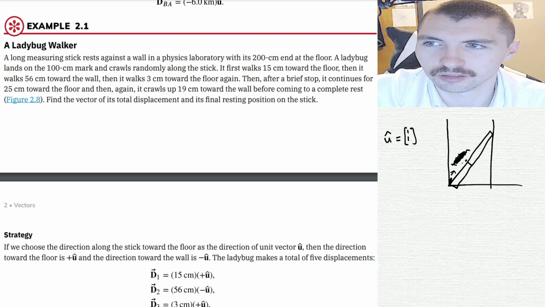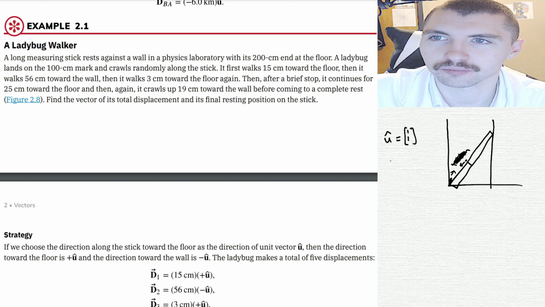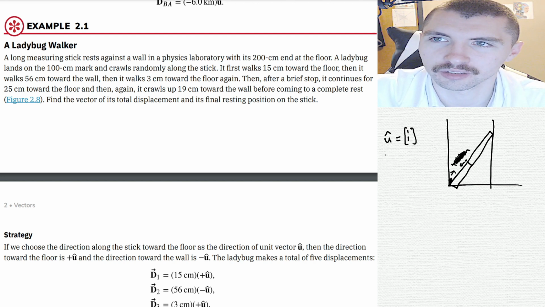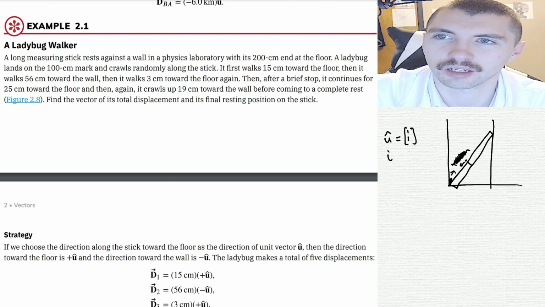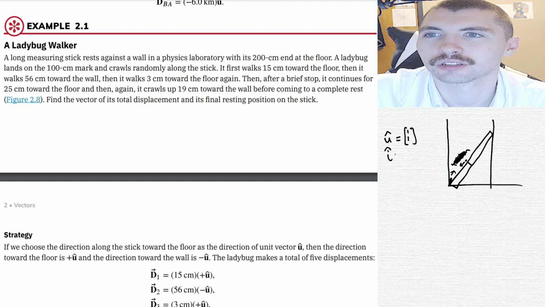So it's going this way towards the floor from the middle. So let's say I hat is towards the floor. That would be down 1, left 1, so X, Y.